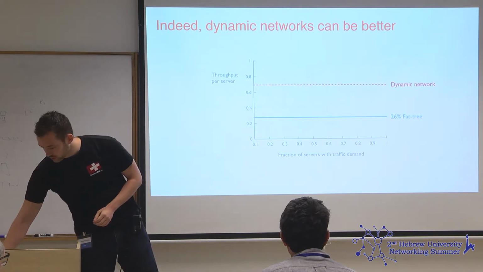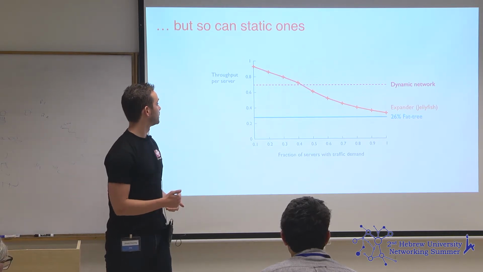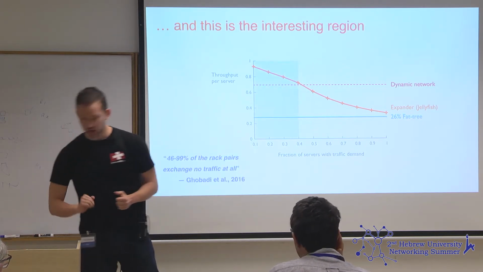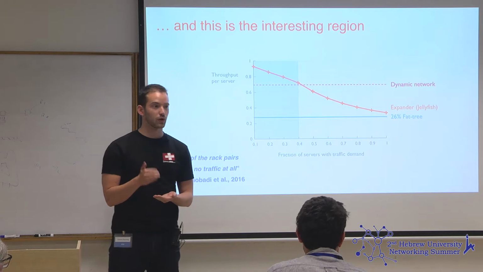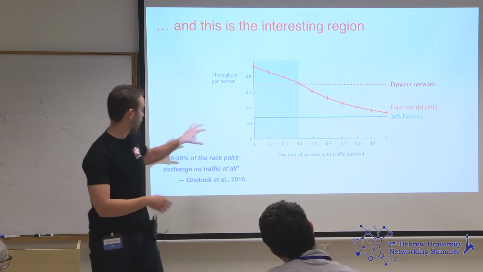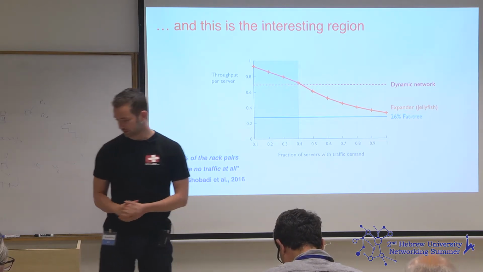The expander, which is at the equal cost point, is able to achieve a higher amount of throughput in the region that we care about, because it has been shown that only a very small fraction of servers are active in a data center. Like 46 to 99% of the rack pairs exchanged no traffic at all.